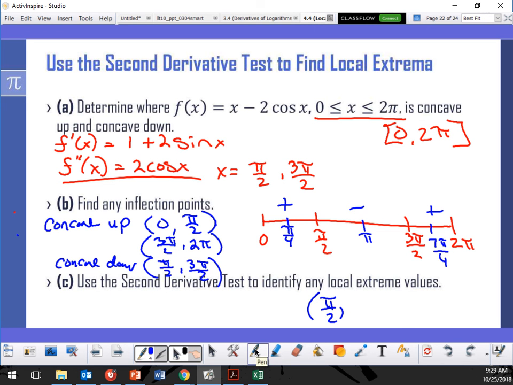So, when we plug in pi halves to cosine, it's not rad 2 over 2, is it? It is 0. 2 times 0 is 0. So it's going to be pi halves, comma, pi halves.